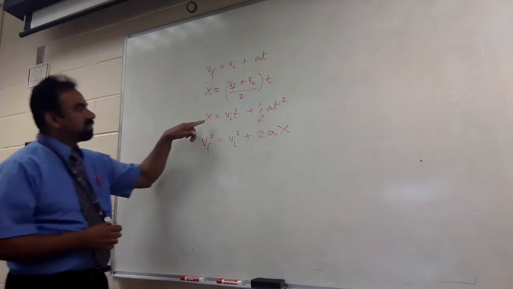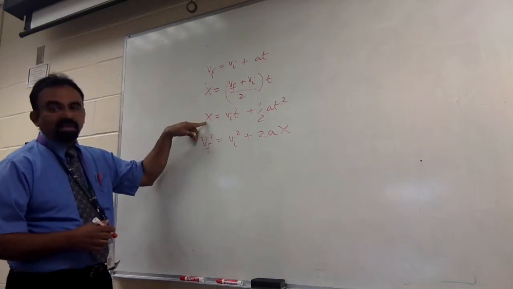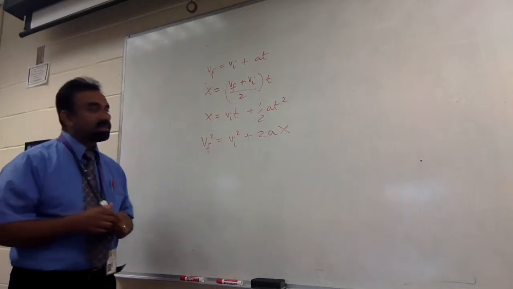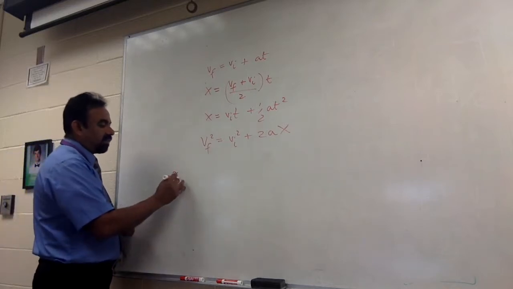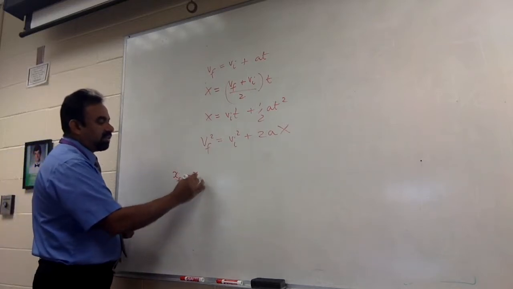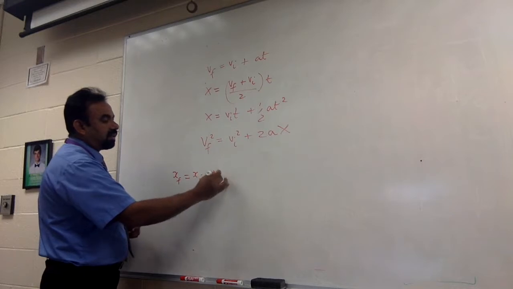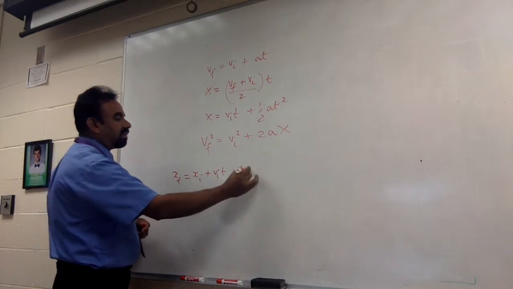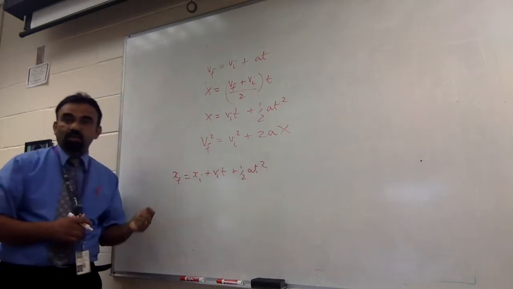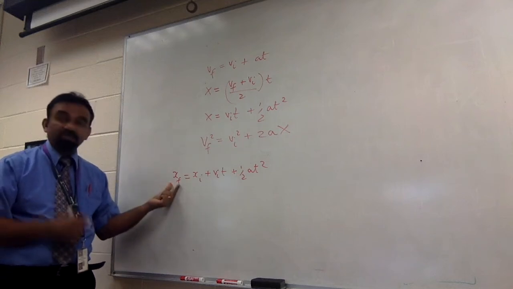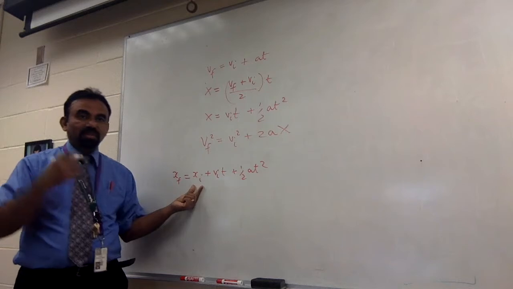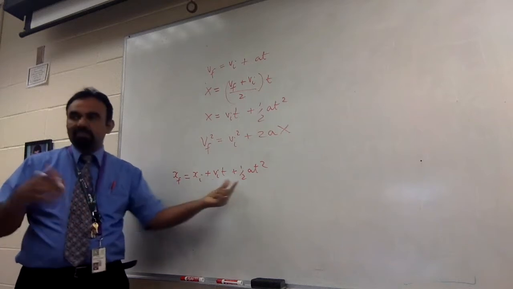See this equation, x is equal to v. This x itself, what the book calls it, is position. They'll say x final is equal to x initial plus Vit plus half At squared. This is how they give that equation. The same equation is given in this fashion. The final position is equal to initial position plus this.